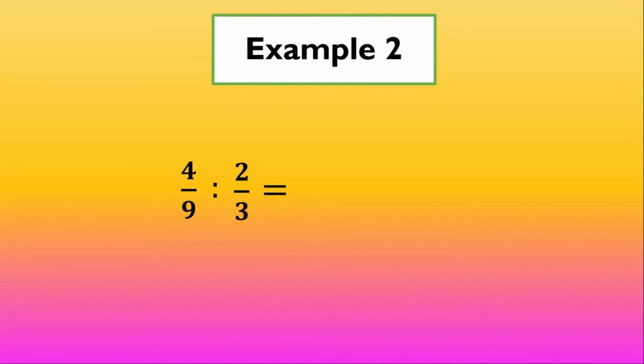Let's say we have 4 over 9 divided by 2 over 3. The second fraction we turn into 3 over 2. Keep the first fraction 4 over 9.